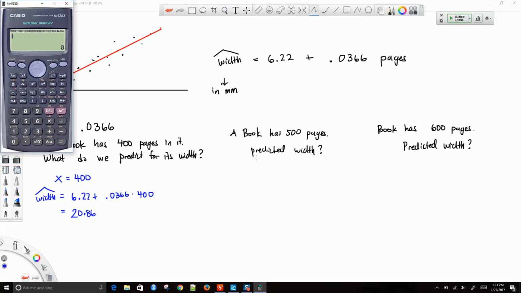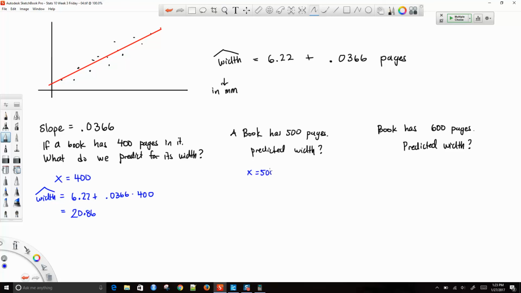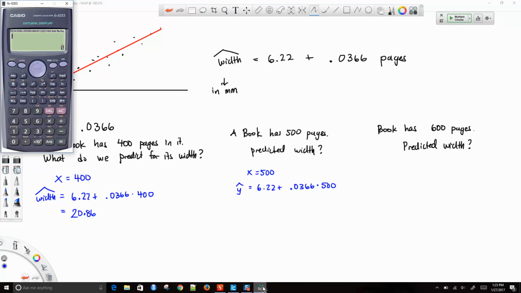Okay, let's do the same thing for 500. So I do x is 500. I'm just going to write y hat is 6.22 plus 0.0366 times 500.